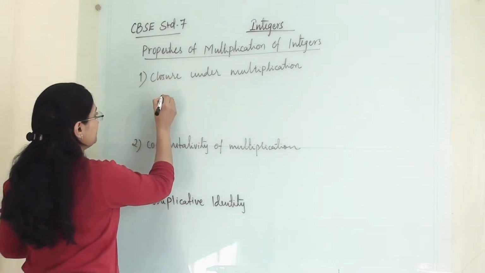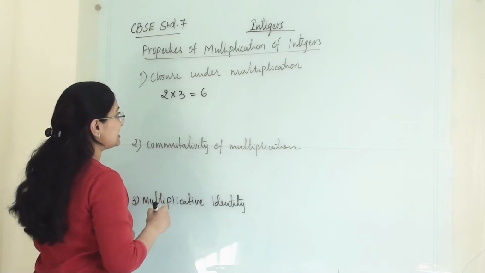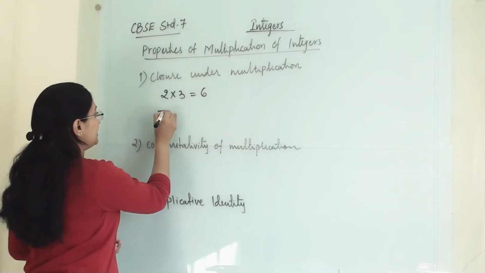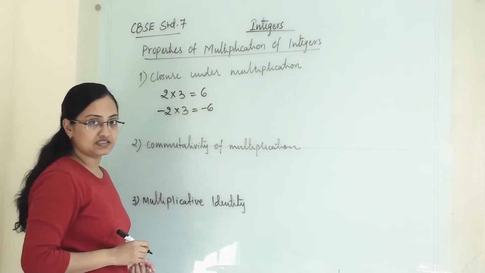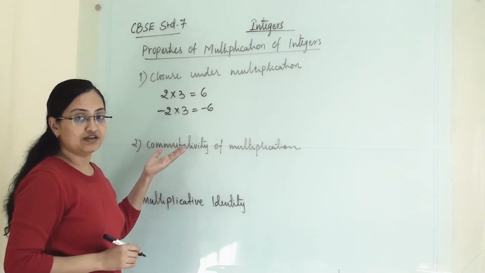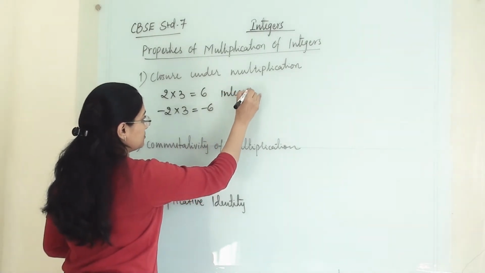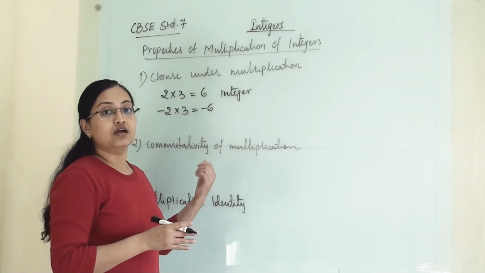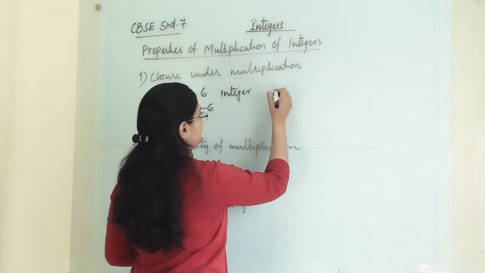If any multiplication is there, 2 into 3, the answer is 6. And if we are multiplying a negative integer, then the answer is minus 6. In any of the cases, we will get an integer as a product. So that's why we can say that integers are closed under multiplication.